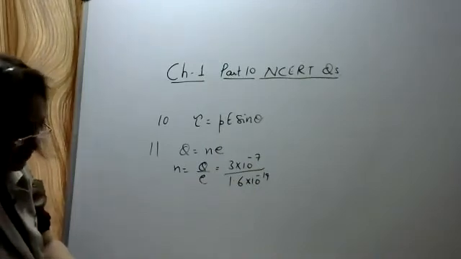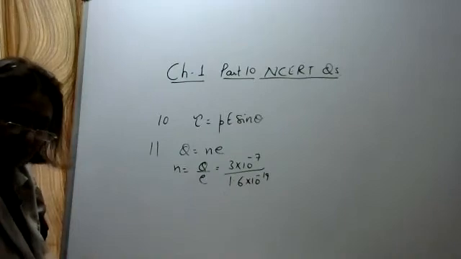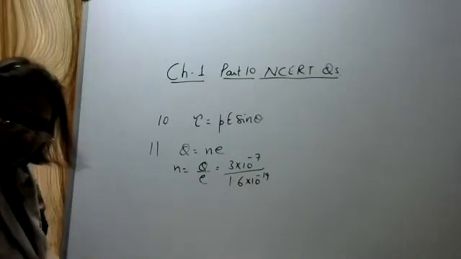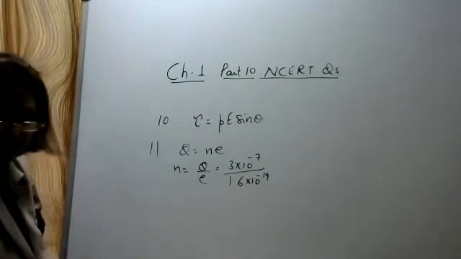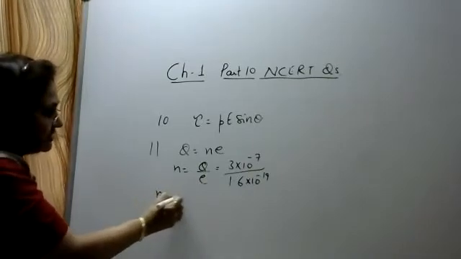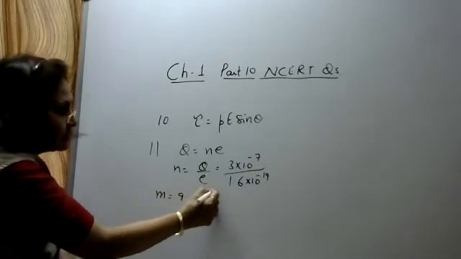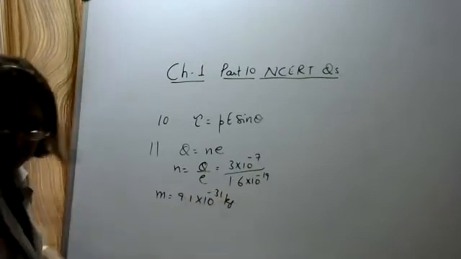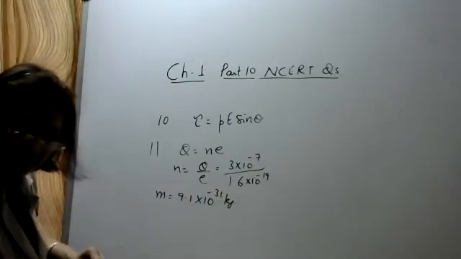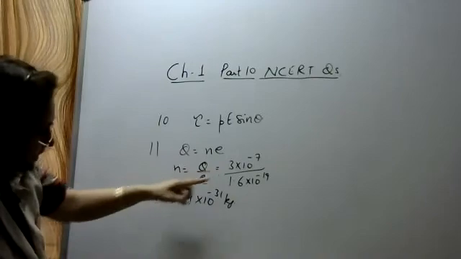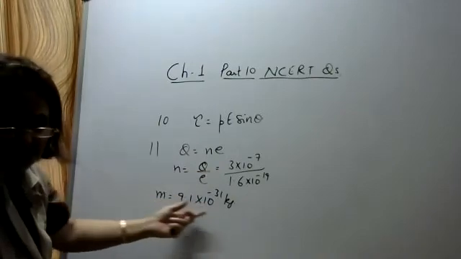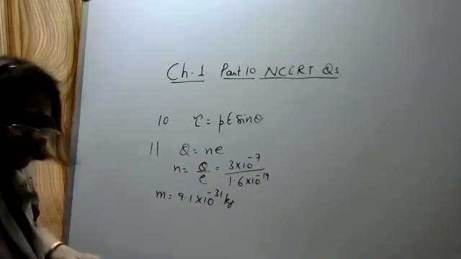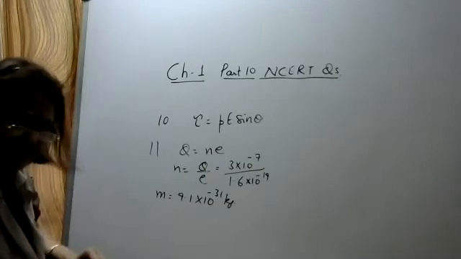Is there a transfer of mass from wool to polythene? The electron has negligible mass. The mass of an electron is 9.1 into 10 raised to the power minus 31 kg. Whatever number of electrons are transferred, this much mass is transferred, but it is very, very small.